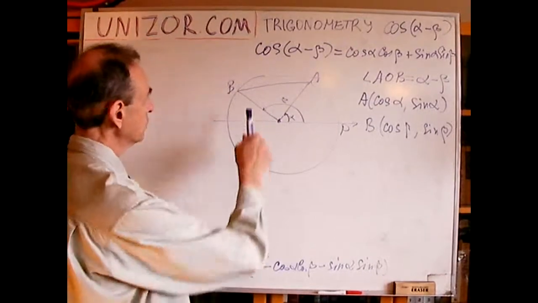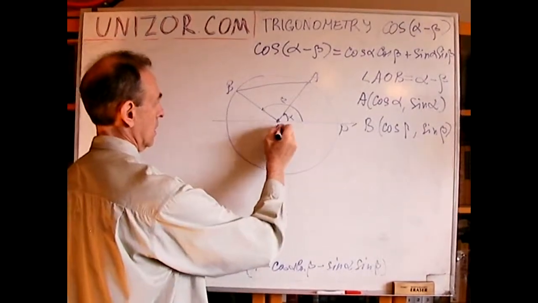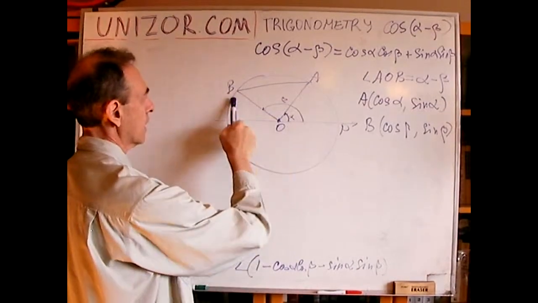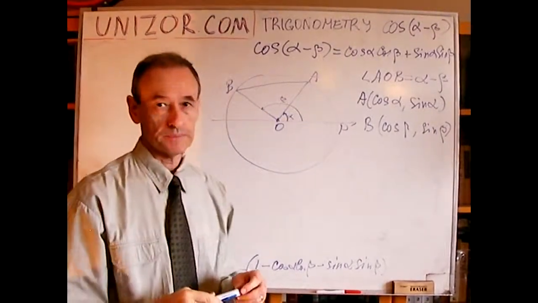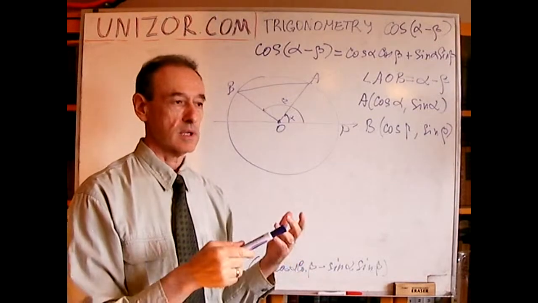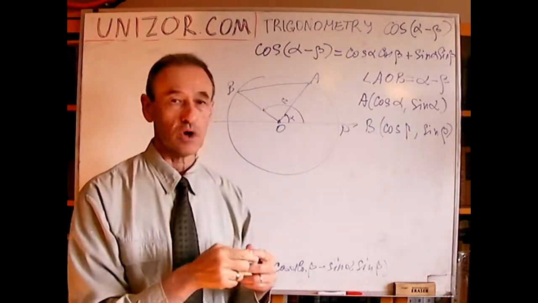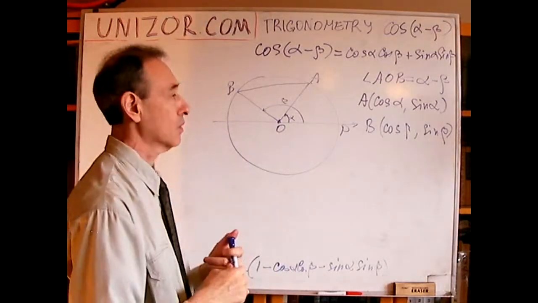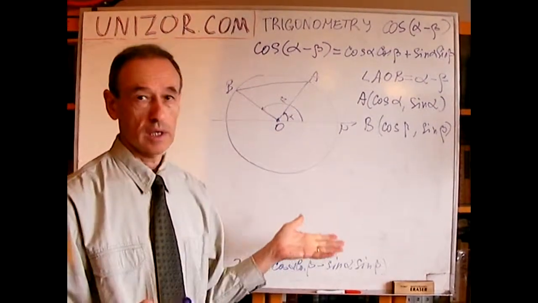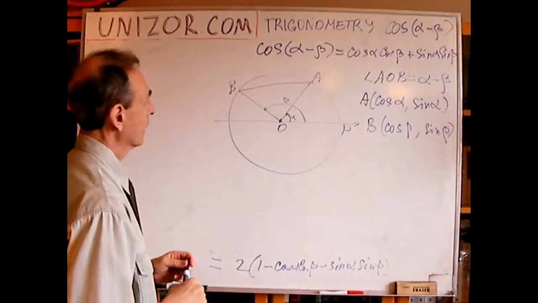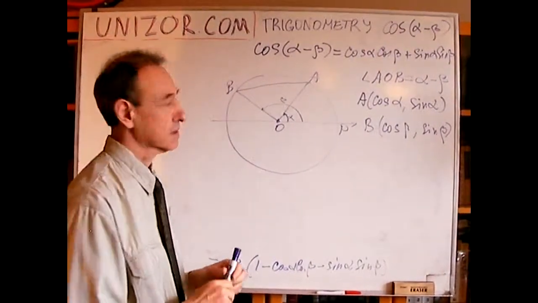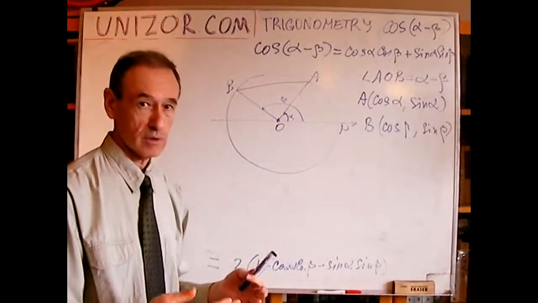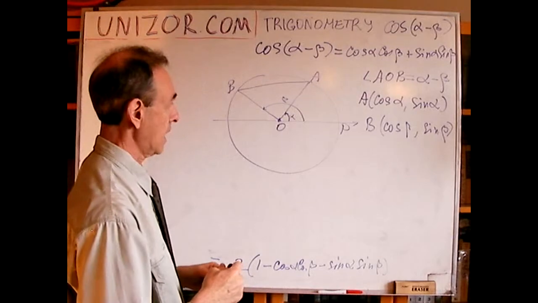So I will use the law of cosines for the triangle OAB. The law of cosines was discussed in the topic with simple trigonometric identities. For any triangle, it works. There is one little difference which I have to consider here, because we are talking about general angles, alpha and beta.